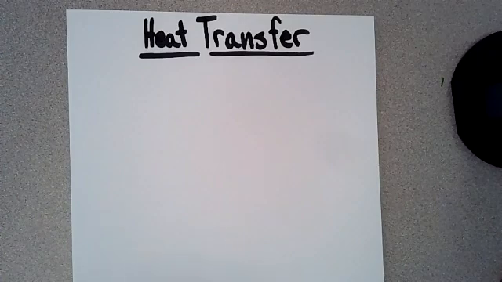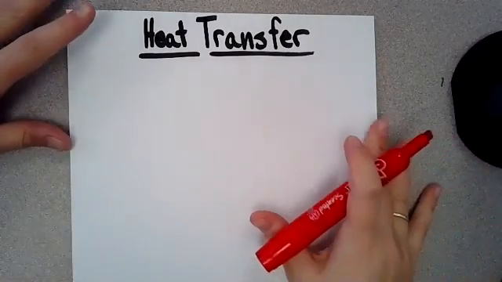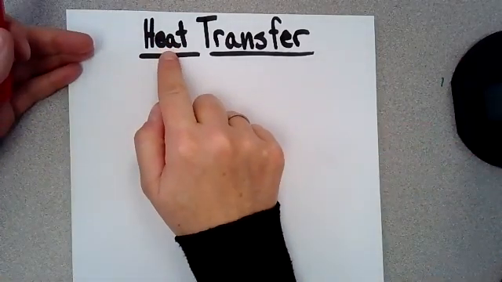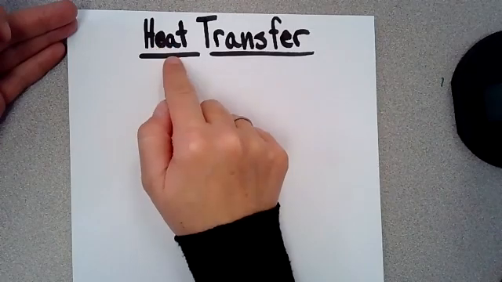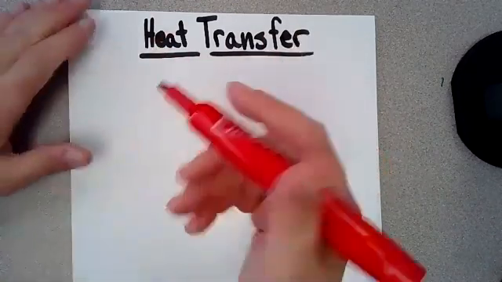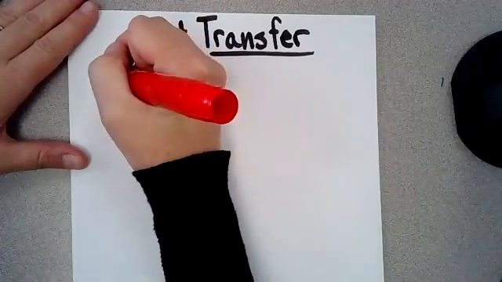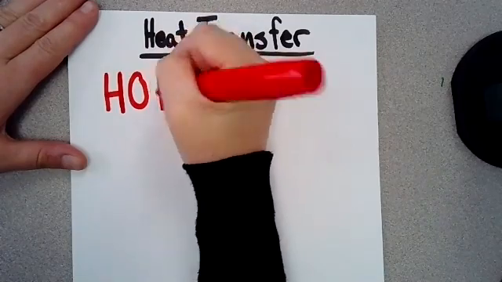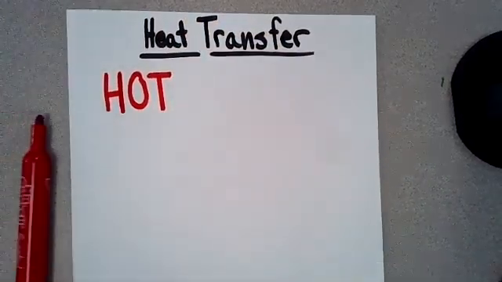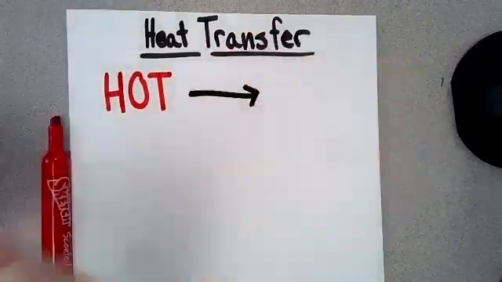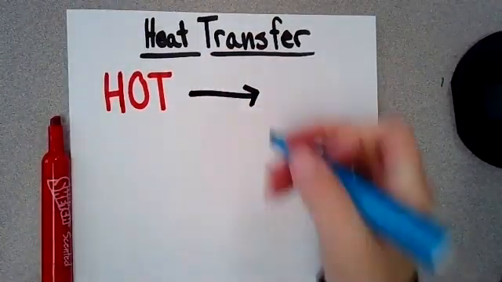Okay, so first thing that you need to know every single time about the way that heat transfers. Heat, you know what that means, if it's hot, if it's warm. And transfer means how does it move? So heat always moves from, write this down and write it really big because your teachers are going to say it a million times, something hot to something cold.